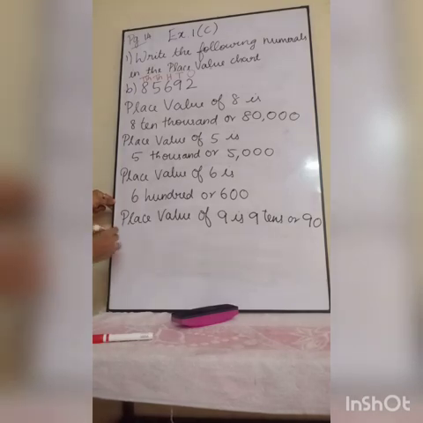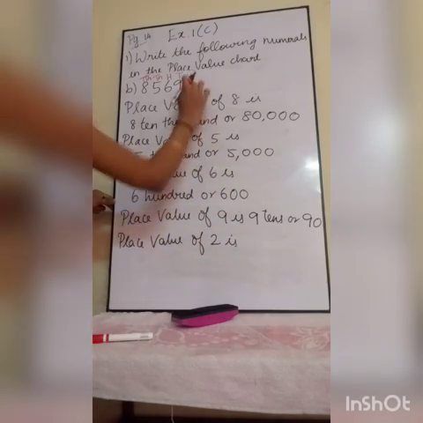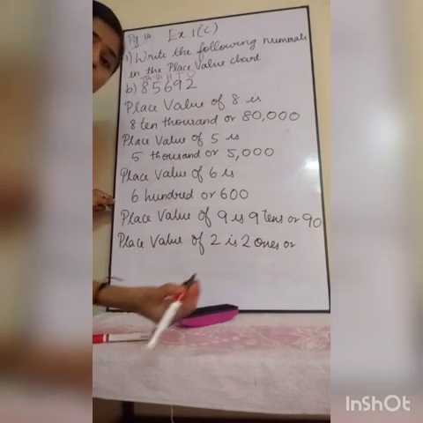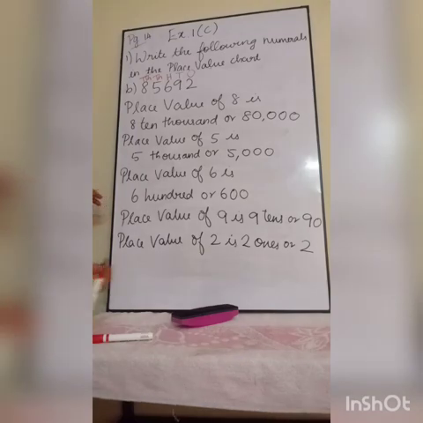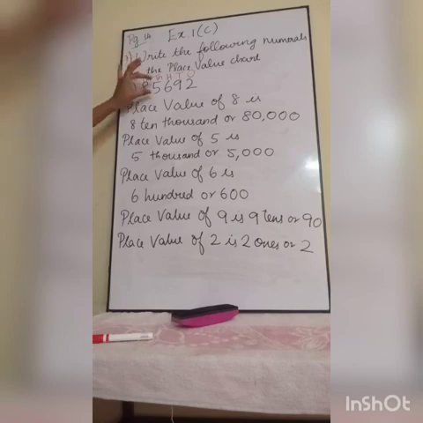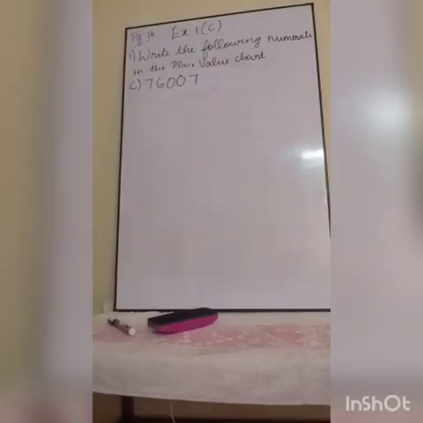Okay. Next, place value of 2 is 2 ones, or 2 into 1, 2. Okay. So I am going to write the place values: 8 is in the 10,000 place, so 80,000. 5 is in the 1000 place, so 5,000. 6 in the 100 place, so 600. 9 is in the tens place, so 90. 2 is in the ones place, so 2. Understood? This is C question.